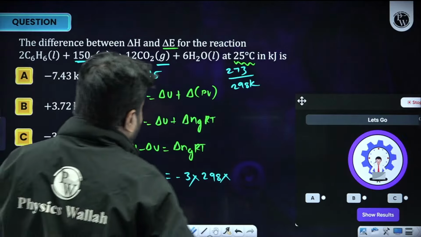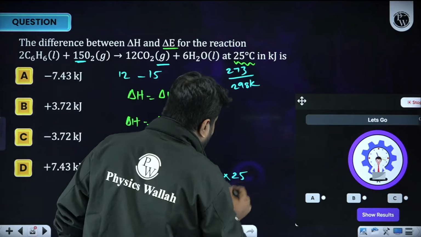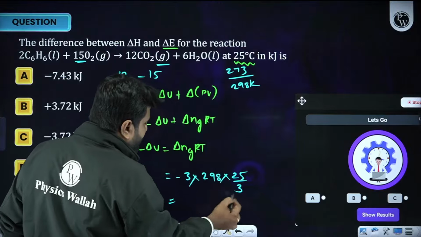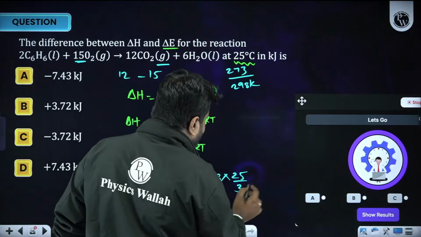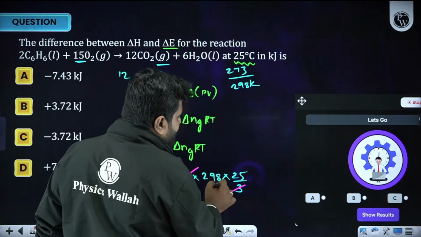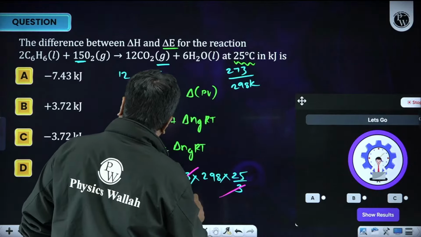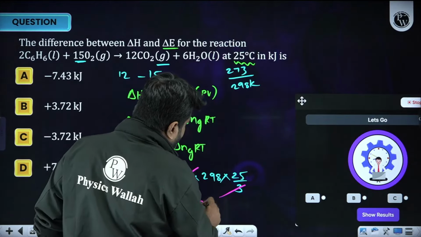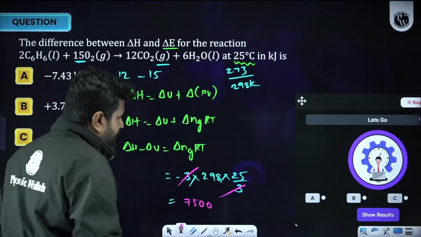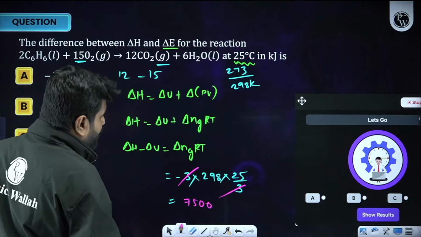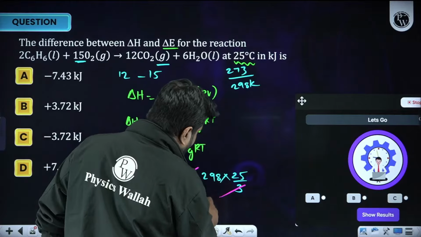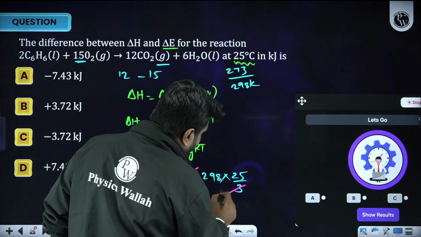25 by 3. Yes, exactly. For calculation purposes, we can take it as 25 by 3. Now, approximately the 3 will get cancelled. Keep this as 300. So it is nothing but 7,500. What will be the units?